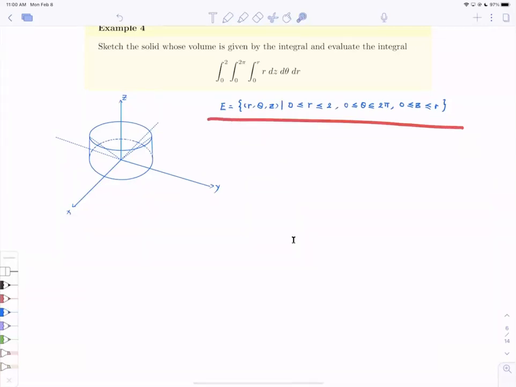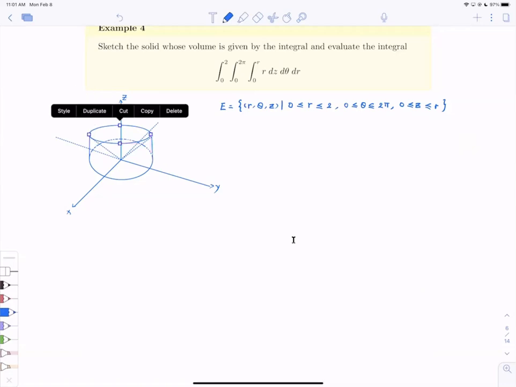Okay, so this represents a cone. I should probably draw it, yeah, this is really ugly. It should be something like this. Okay, this is slightly better.